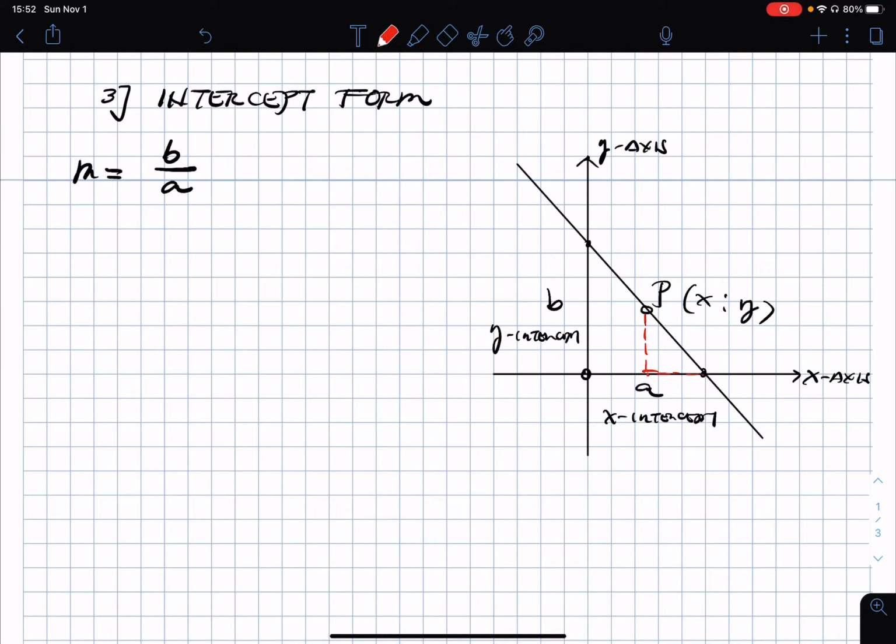This distance will be y, and this is x minus a.